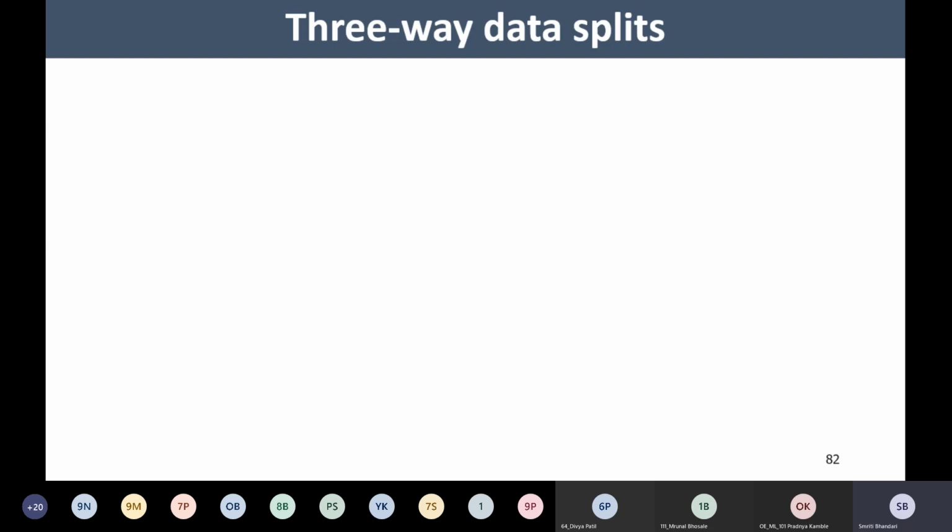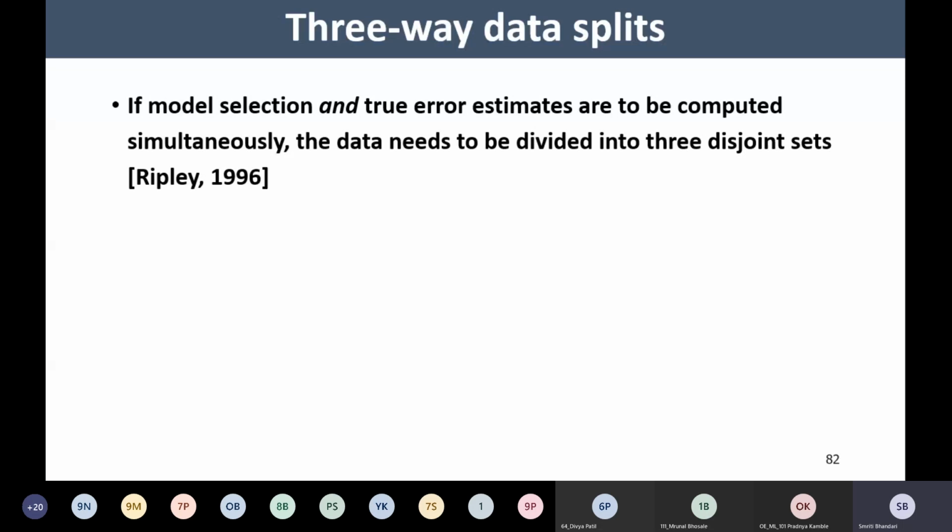Three-way data splits. So in 1996, one of the researchers, Ripley, mentioned that if model selection and true error estimates are to be computed simultaneously, the data needs to be divided into 3 disjoint sets instead of 2.